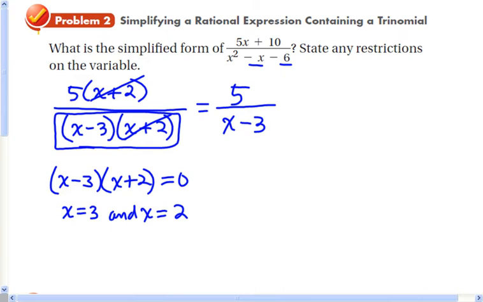So we have to exclude the values x is 3 and x is equal to 2. So we're going to say x cannot equal 3 and x cannot equal, actually that would be -2, sorry about that, because -2 plus 2 is 0.